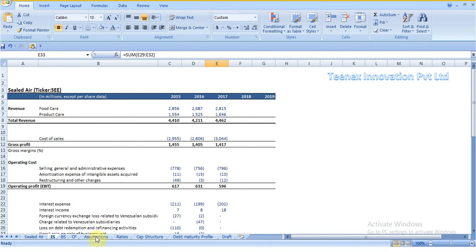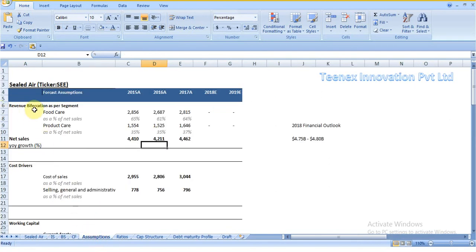So in the assumptions, I have revenue bifurcation for the company's segments. The company has two segments, food care and product care, and I have the total revenue. First I can calculate the year on year growth for the total revenue, which will give me an idea how the revenue is moving.